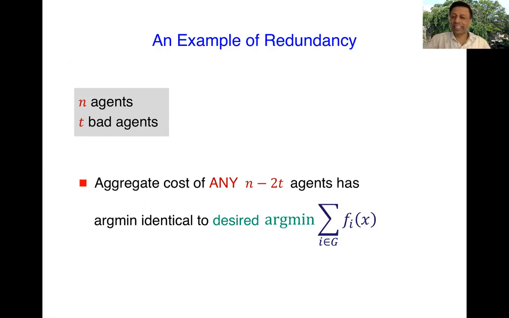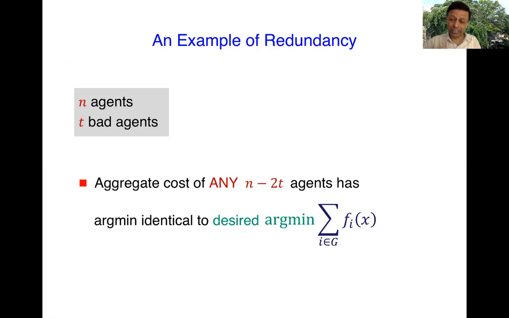If you take any 6 agents and minimize the cost over those 6 non-faulty agents, then the cost is minimized exactly at the same value of x where the cost over all the agents is minimized. So let me repeat that. If you take the summation of the cost fi over all the agents g, and it's minimized at, let's say, the value of x equal to x star.